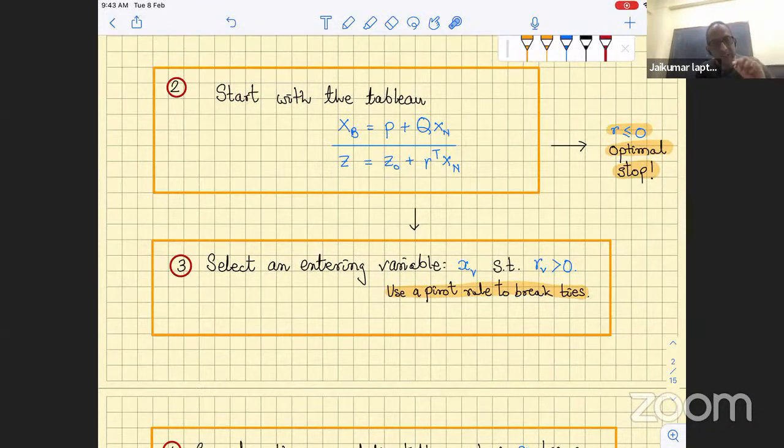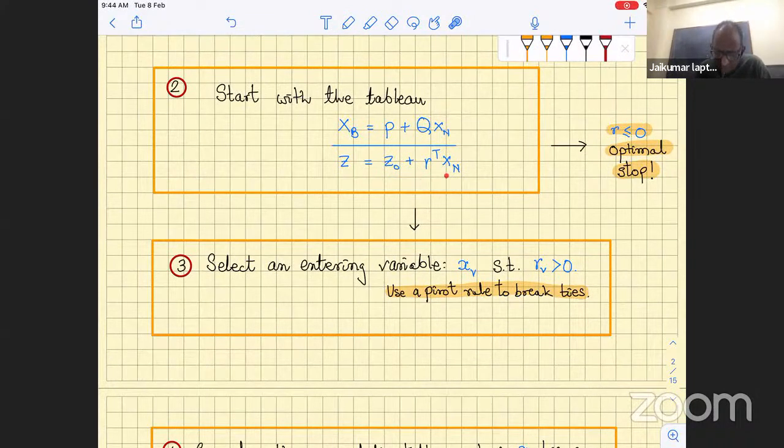So we go to the equation, we imagine that we are going to slowly raise its value until one of the equations here becomes tight, and then we move this variable, the entering variable, to the left, and as a result, one variable corresponding to that equation, which was on the left, moves to the right. Okay, and we correspondingly adjust this so that the objective function is now expressed in terms of the new set of independent variables.